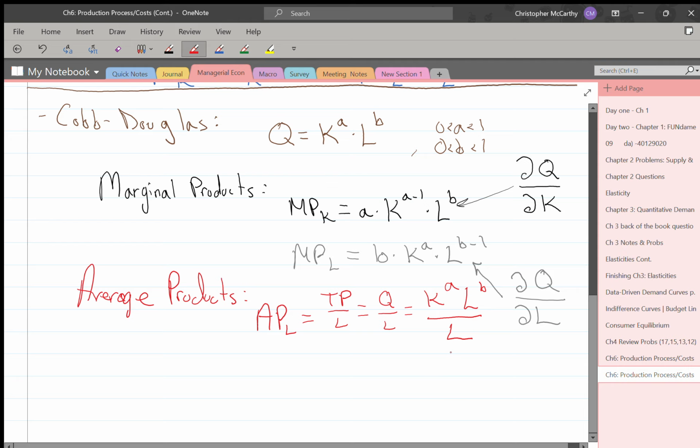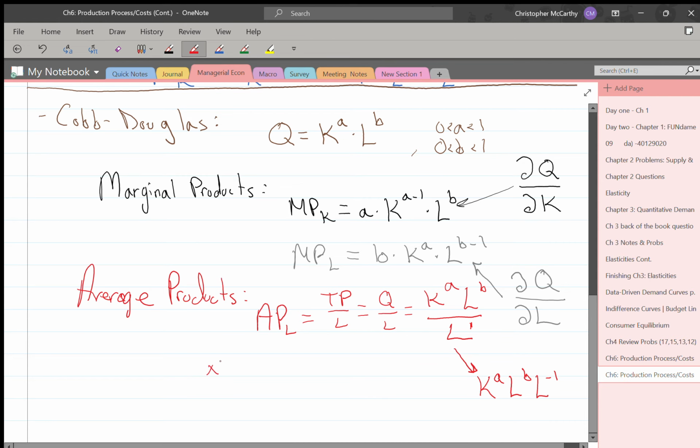So anybody that knows math will probably be aggravated if I don't solve this, because this is L to the 1. When we bring that to the numerator, we end up with K to the A, L to the B, L to the negative 1. What can we do when we have two terms that have the same base, right?